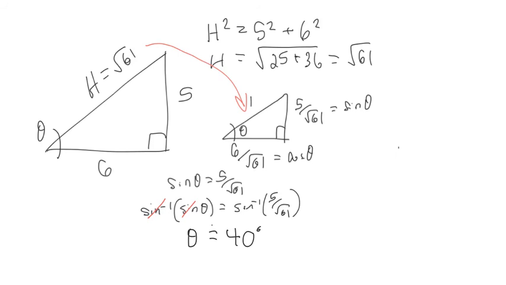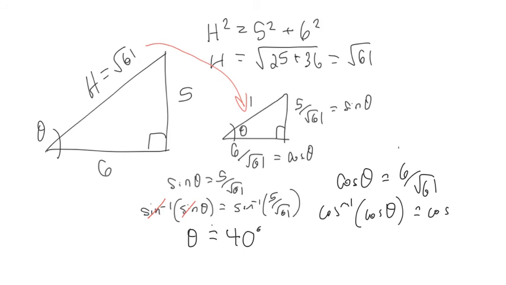Okay, I'm going to do the exact same thing with the cosine ratio, and if all goes well, I should get the same number. So cosine theta equals 6 divided by square root of 61. I have to do my inverse cosine: inverse cosine of cosine theta equals inverse cosine of this ratio.